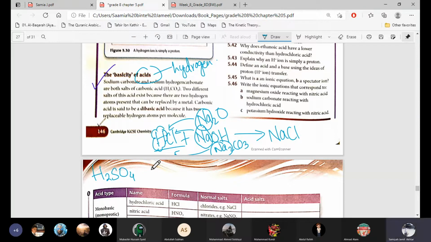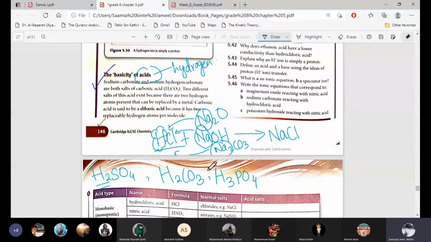Yes, two hydrogens, so there are two replaceable hydrogens. In H2CO3, two replaceable hydrogens. In H3PO4, three replaceable hydrogens.